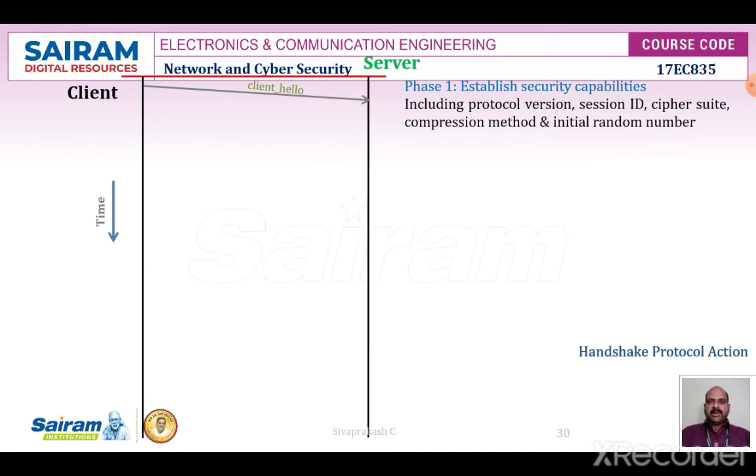And a random number: a client-generated random structure consisting of a 32-bit timestamp and a 28-byte value generated by a secure random number generator. These values serve as nonces and are used during the key exchange to prevent replay attacks. That is the main purpose of using these random numbers.